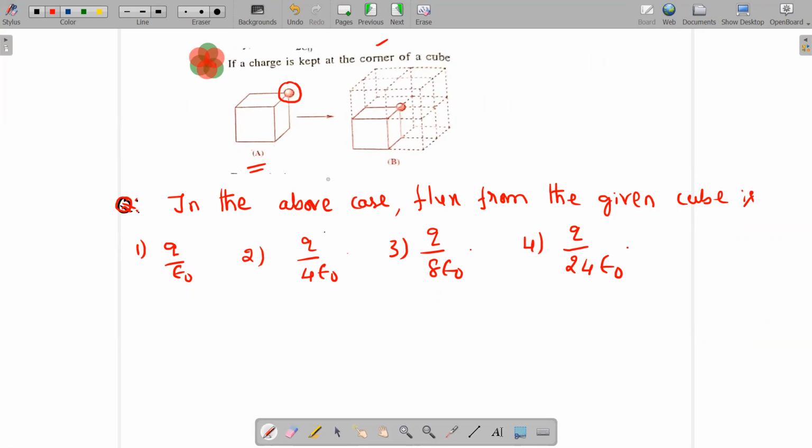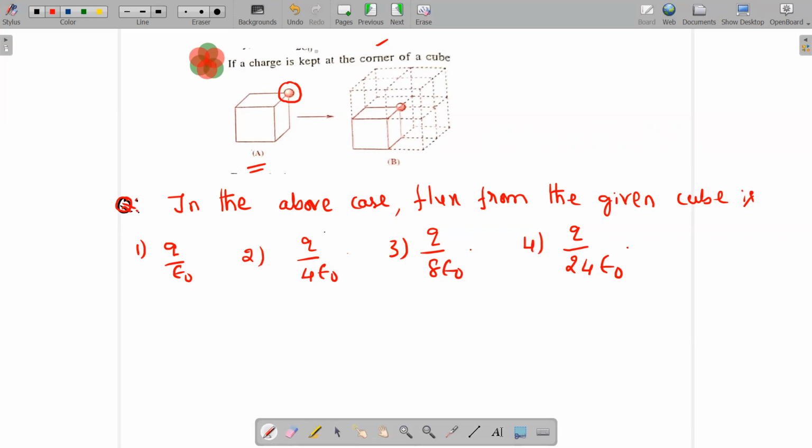So first, what you have to do is enclose this given charge by an imaginary surface called a Gaussian surface, an identical Gaussian surface, because this shape is cubical. So we have to enclose this with identical cubical shapes.